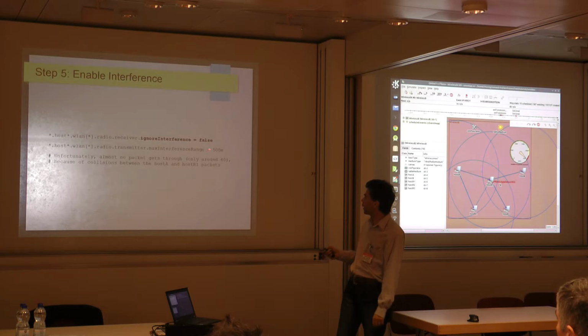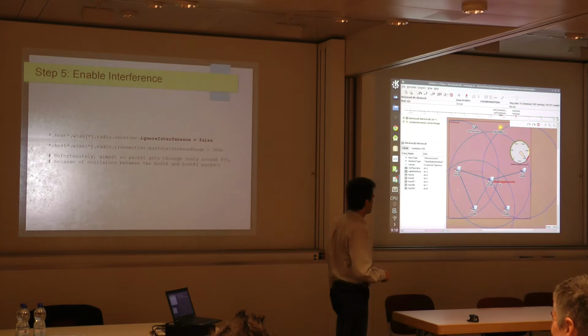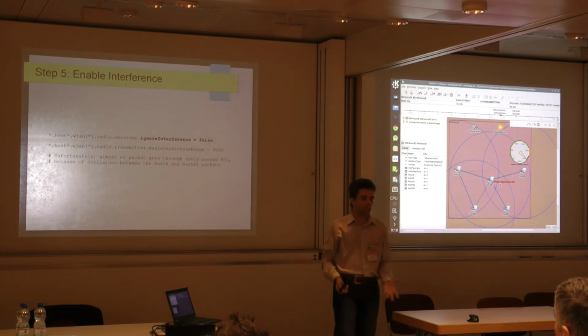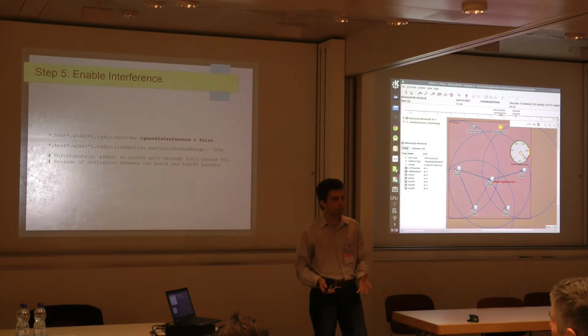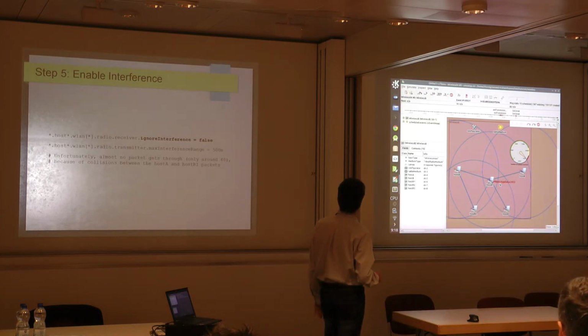Okay, we will turn off the ignore interference option, and we can also specify a so-called max interference range. It's not the transmission range, but an additional range which describes how far the actual transmission disturbs other transmissions. We set this to 500.